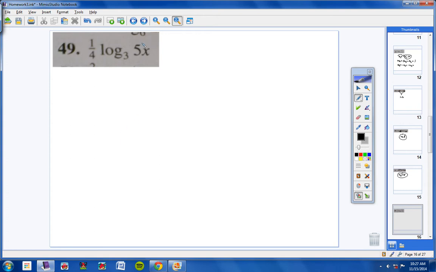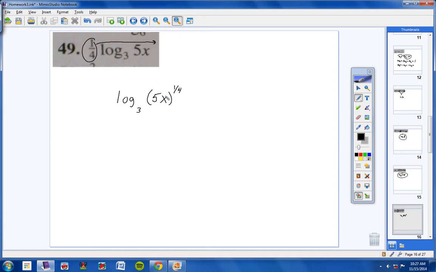Okay, let's see here. All they want you to do is move the 1/4 to here. So we have log base 3 of, now the 1/4 goes to the entire argument, okay? So in this case, you would want to put parentheses around it because of the exponent, okay?